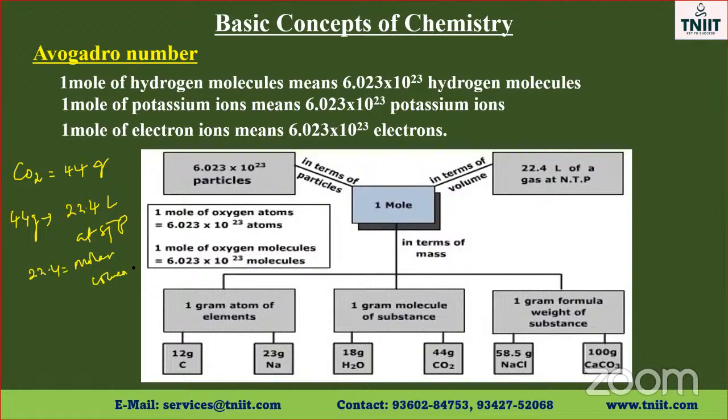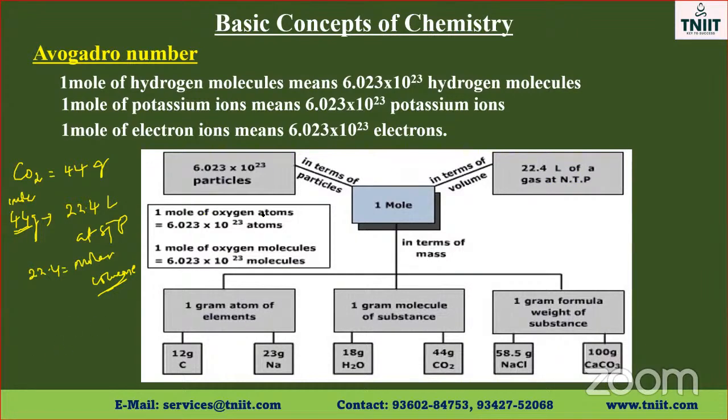The volume occupied by 1 mole of a gas is called molar volume. So in terms of volume, 1 mole of a gas will occupy 22.4 liters at STP, normal temperature and pressure.